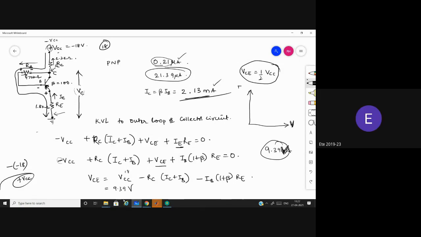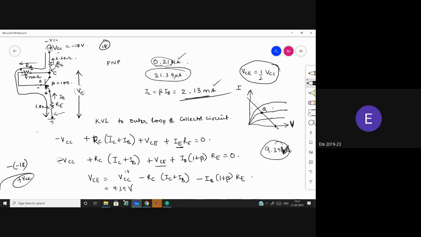When it comes to our VI characteristics, the output characteristics, this is the Q point. If the Q point is here, what kind of region are you going to call it? Active region.